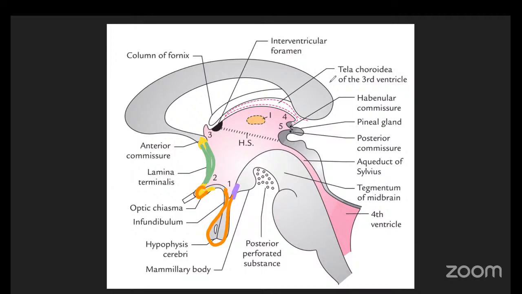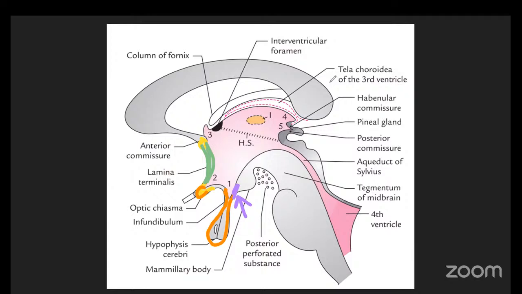So this purple structure, what is this? Can somebody take a guess? The tuber cinereum. That's right. So this is the tuber cinereum. Right behind it, we have the mammillary bodies, and right behind the mammillary bodies, we have the posterior perforated substance around the interpeduncular region.